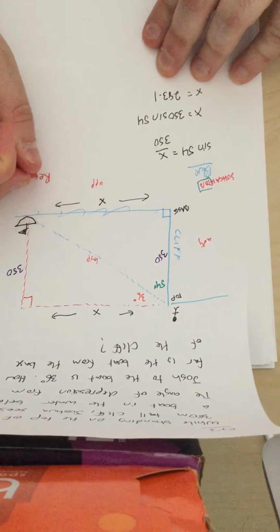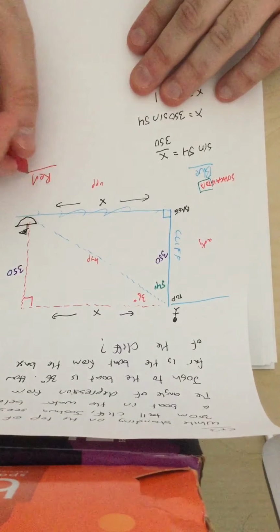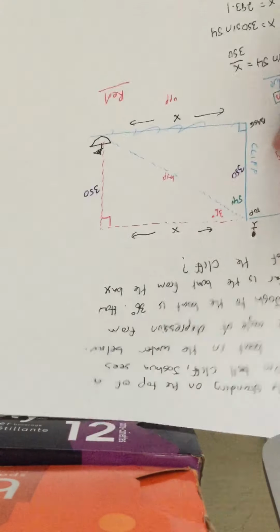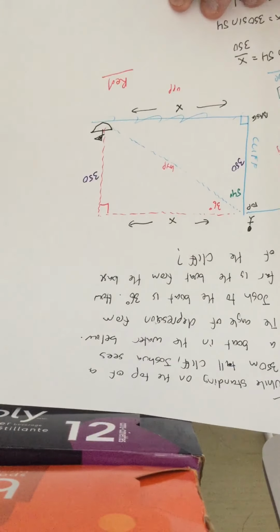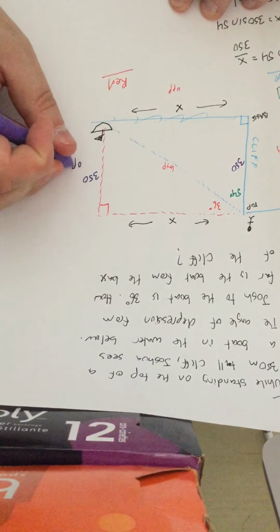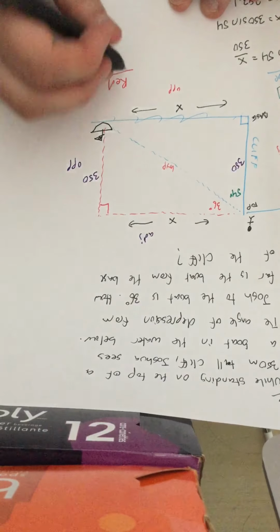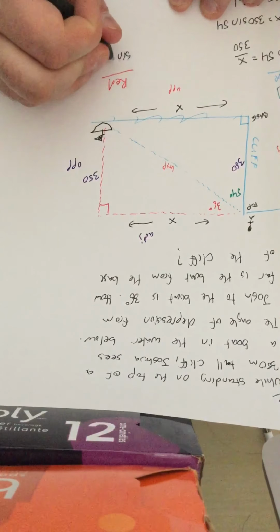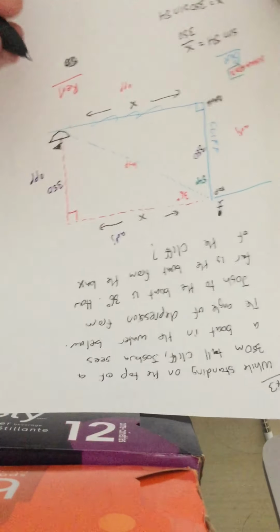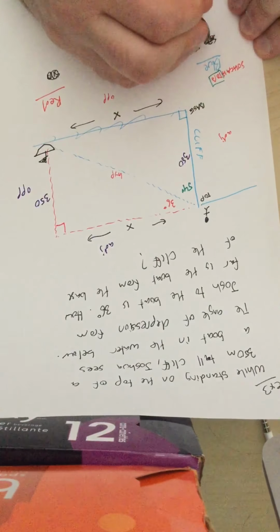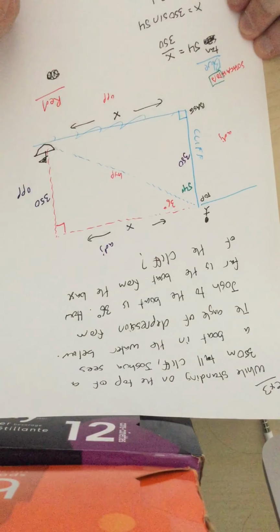Or if we had done it in the red triangle, then this is our angle, this becomes the opposite, this becomes the adjacent, and we're going to have tangent. Oh, I did this wrong. This should be a tangent, actually. I don't know why I said sine.